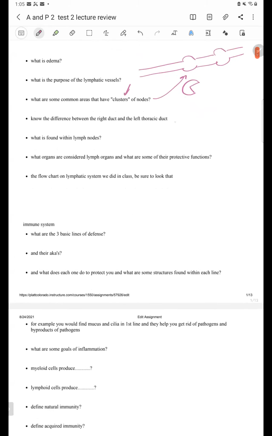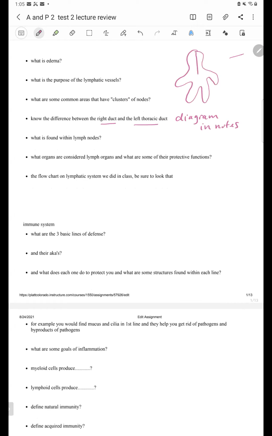Okay, there's a diagram that we went over on the right and left thoracic duct. Make sure you look at that. It had an anatomical man, we'll do our gingerbread man for now.